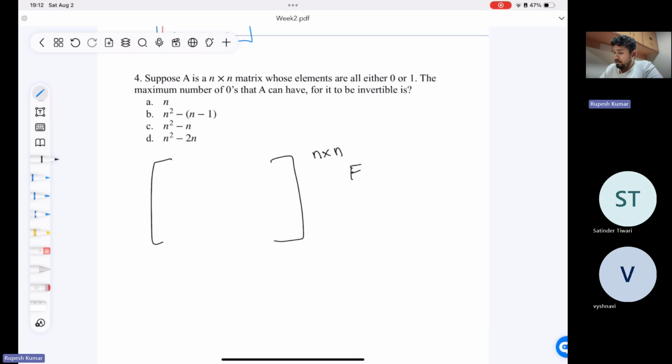Now, for A to be invertible, what is the property that we want?